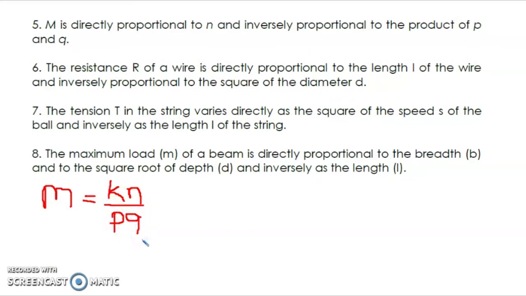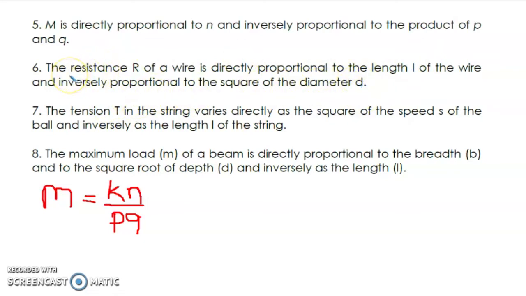Now, how about number 6, or this example? The resistance R of a wire is directly proportional to the length L of the wire and inversely proportional to the square of the diameter d.